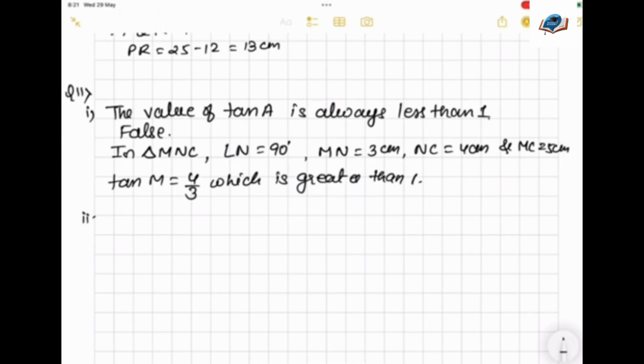The second one is sec A equal to 12 by 5 for some value of angle A. True.